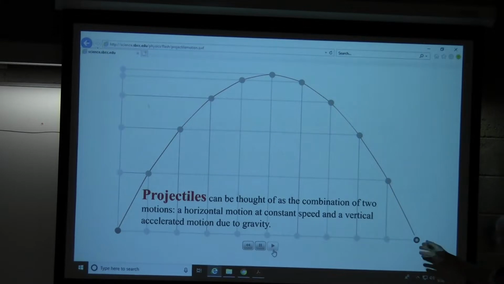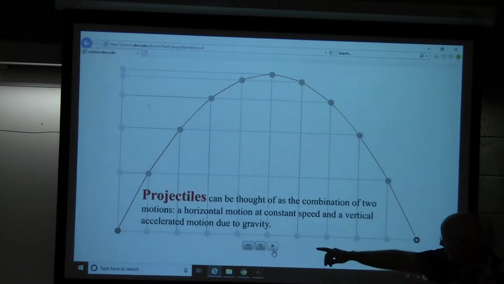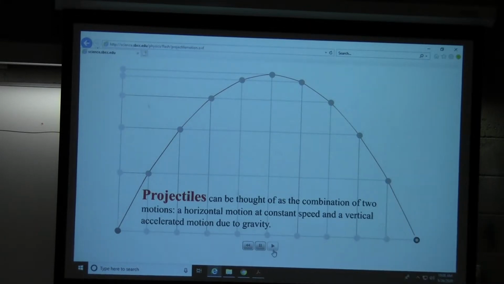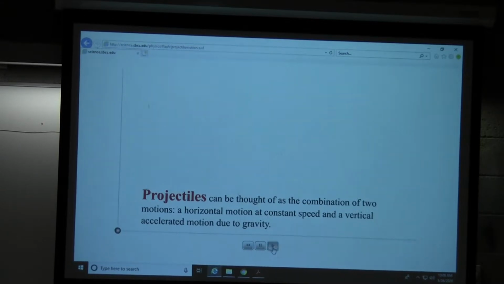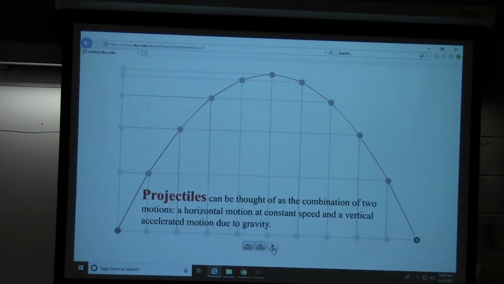And then also the horizontal motion of the real one is the same as this one we're pretending is being tossed with no gravity. And so again, the whole point, the whole lesson was to point out that they are treated separately.